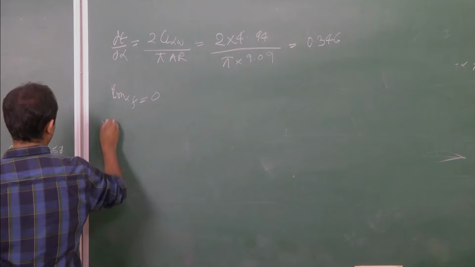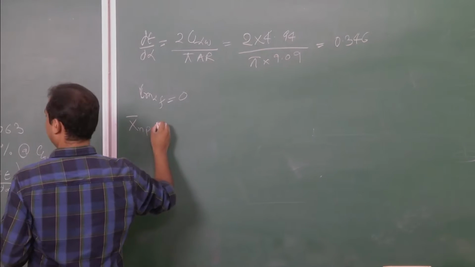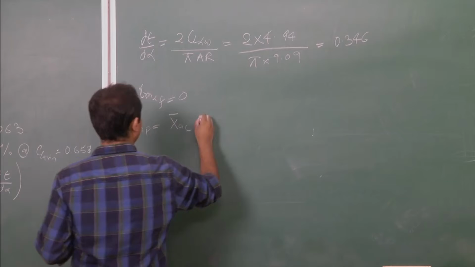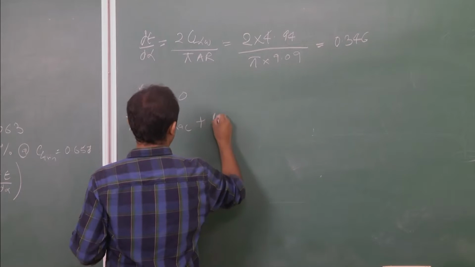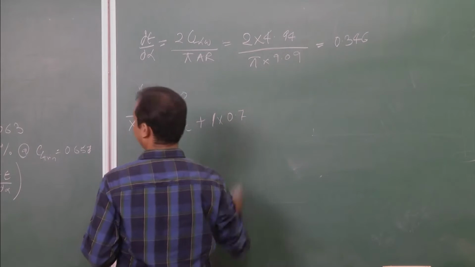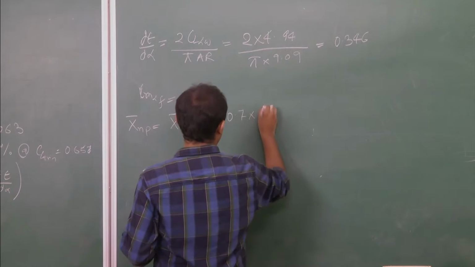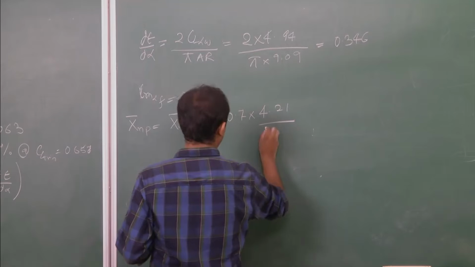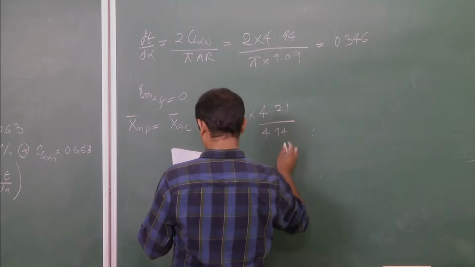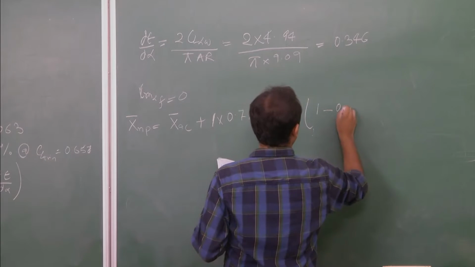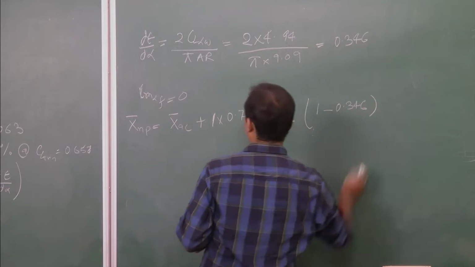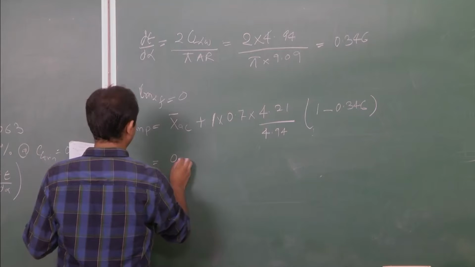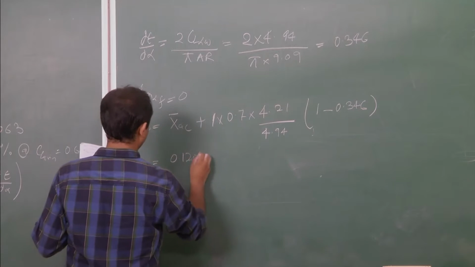So my final equation will be X NP bar equals X AC bar plus eta, we are taking 1, VH we have already taken as 0.7, CL alpha tail we have taken 4.21, CL alpha of wing is 4.94 into 1 minus 0.346, which will be equal to 0.1207.